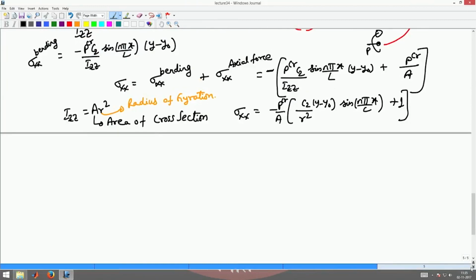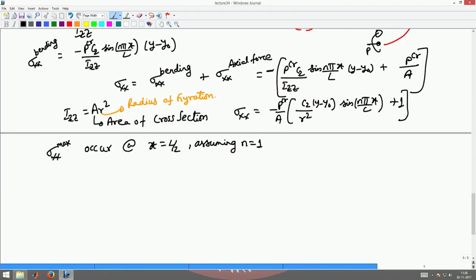The stress being given by here, sigma xx max will occur at x equal to L by 2, wherein sin n pi x by L would be maximum if n is an odd integer, assuming n is equal to 1.